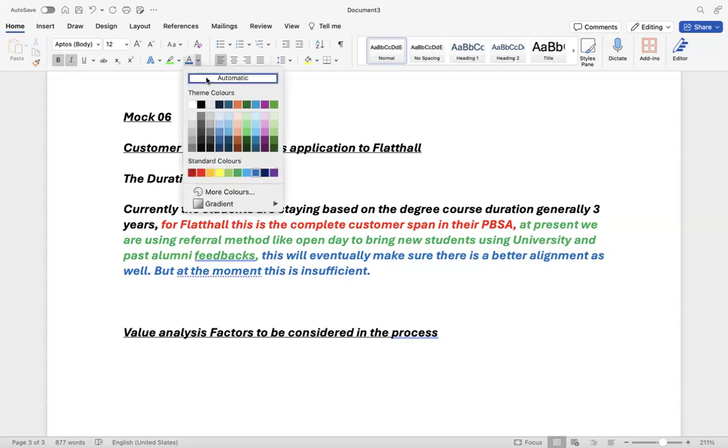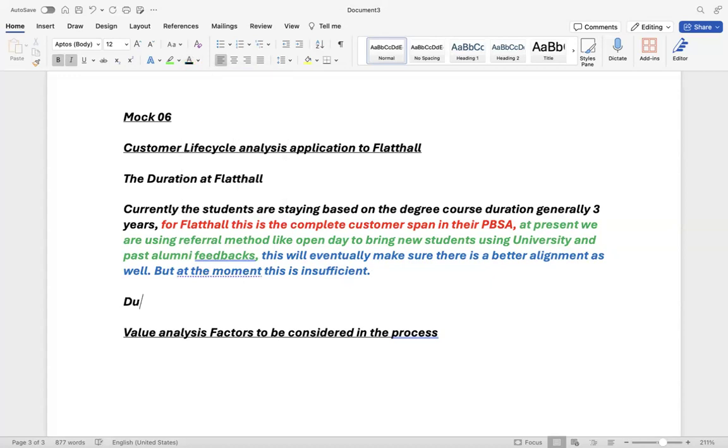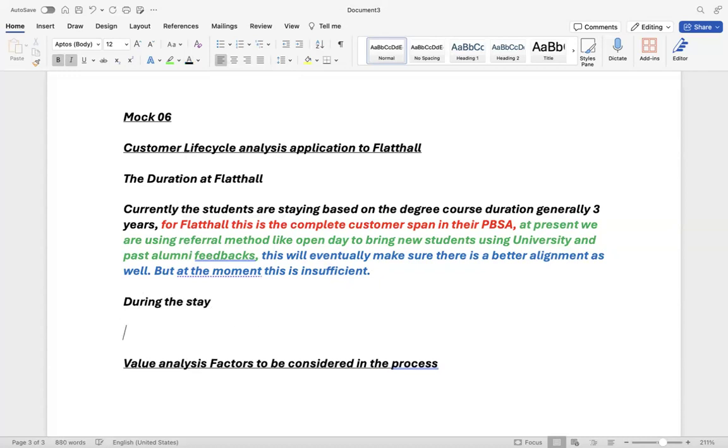Now, the next thing. During the stay, currently, the only facility we provide is accommodation.